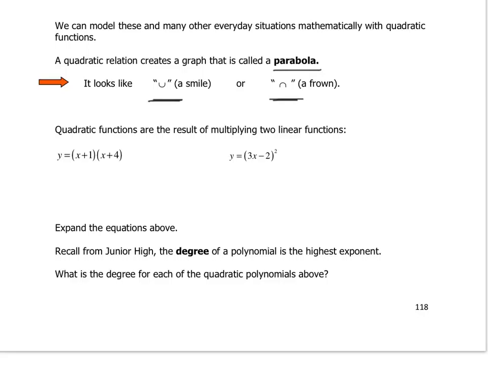And when you expand these here, using the rules that you learned in 1201, you have x times x is x squared, and then plus your 4x, plus the x, and then plus the 4.